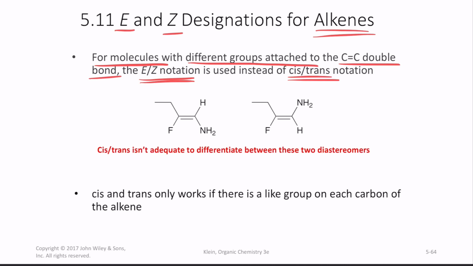When you have similar groups attached, we can still use cis-trans notation, but when you have different groups attached, we have to use EZ notation. So cis-trans only works if there is a like group on each carbon of the alkene. For example, if you have CH3, then it will work. If not, then it's not going to work.